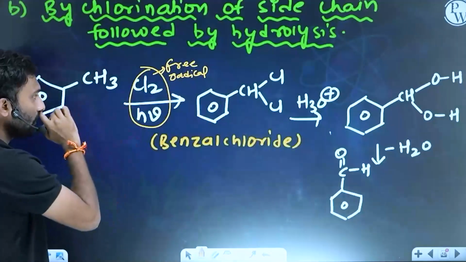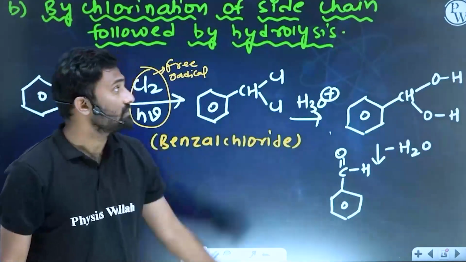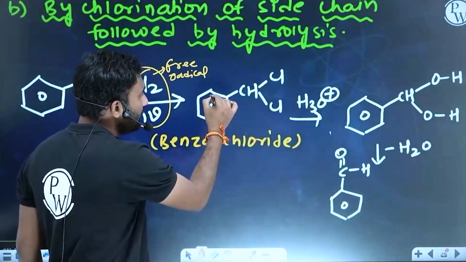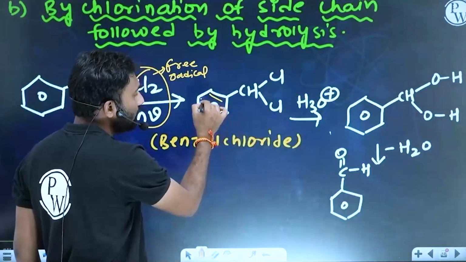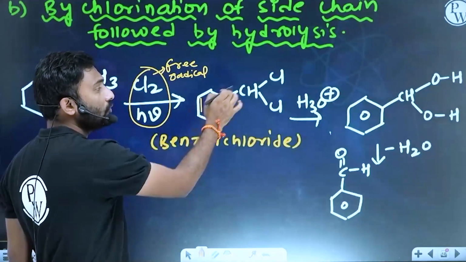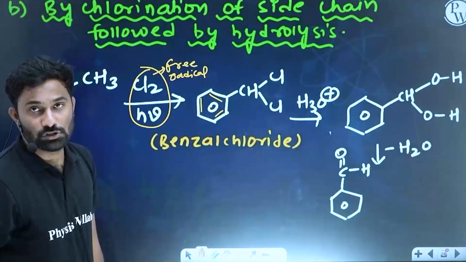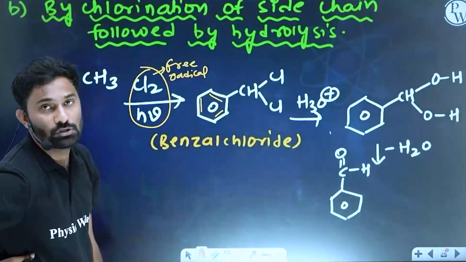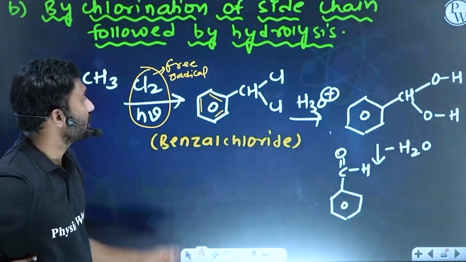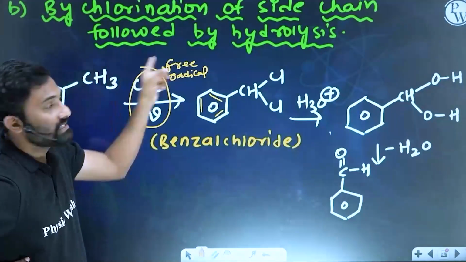Now here in chlorination, chlorine will attack the side chain carbon. ಯಾಕಂದ್ರೆ here in benzene there are double bonds. Now the functional group adjacent carbon, that is the allyl carbon, there free radicals are more stable, because it is stabilized by delocalization. ಅದಕ್ಕೋಸ್ಕರನೇ Cl2 will attack the side chain carbon.